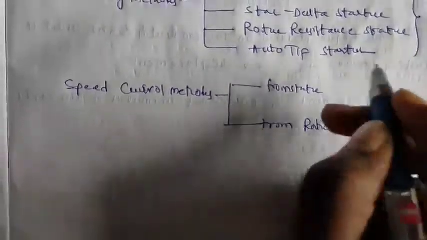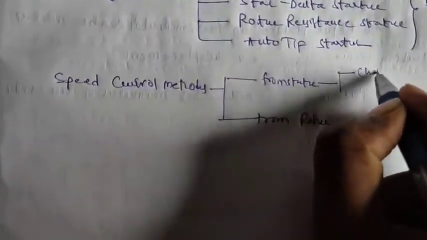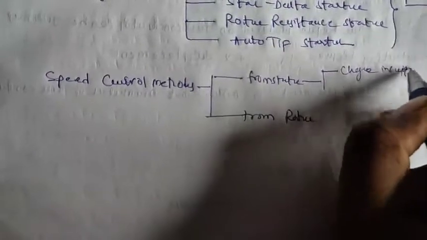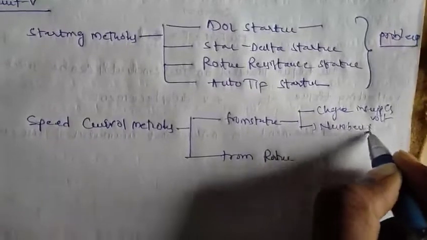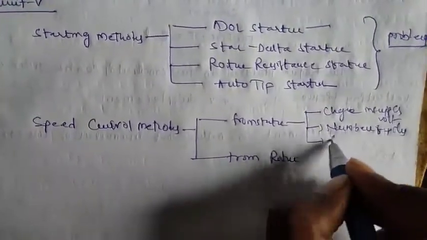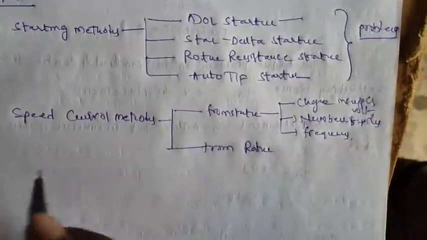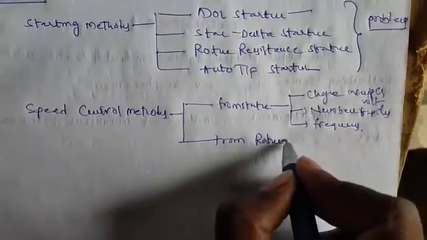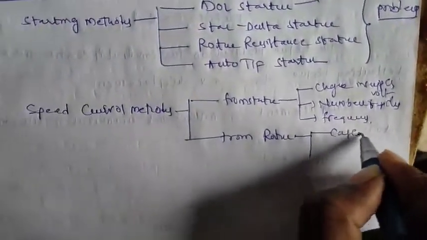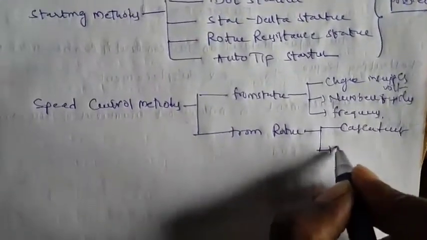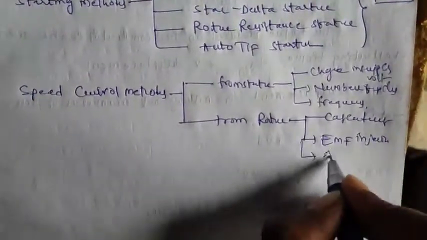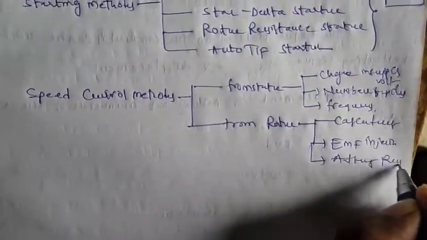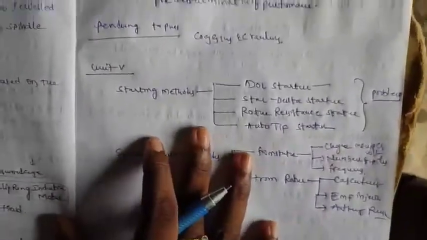From the stator side: change in supply voltage, number of poles, change in frequency. From the rotor side: cascade control, EMF injection, adding resistance. These are the topics during this COVID-19 session.